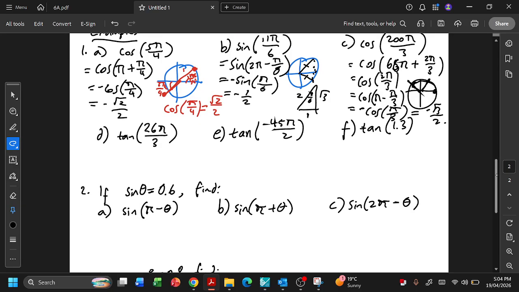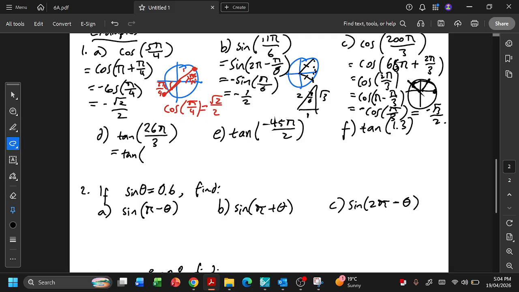All right, let's move on and consider some tan examples. So this first example here, we're trying to deal with 26 pi over 3. So again, let's just write this in terms of its number of pi's. So this is going to be tan of, okay, so what's the closest multiple of 3 to 26?